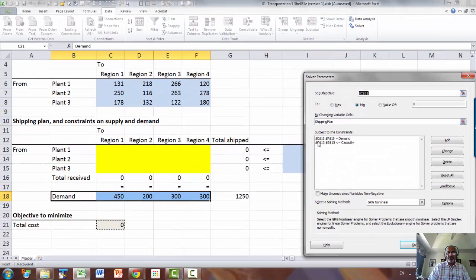We did not name the total shipped and total received. We will do that in just a second. Of course, we need to make this non-negative, and this should be simplex LP.